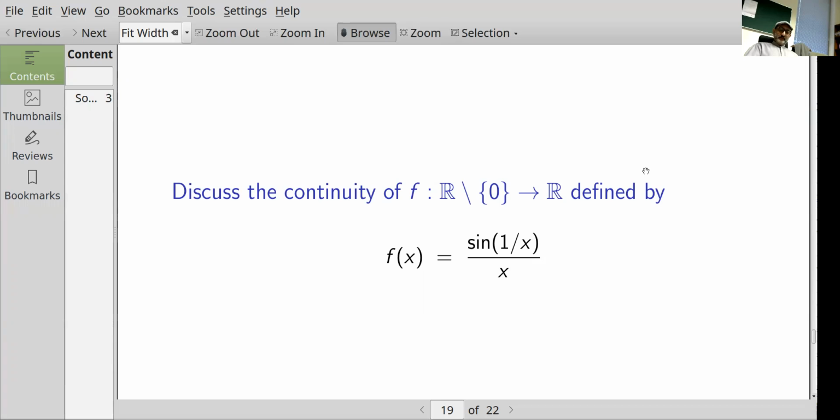So if we take the composition of these functions on the reals, except for x equal to 0, then that function is continuous everywhere on its domain. And 1 over x is continuous everywhere on the domain R except for 0. So the quotient is continuous everywhere on the domain R with 0 removed.